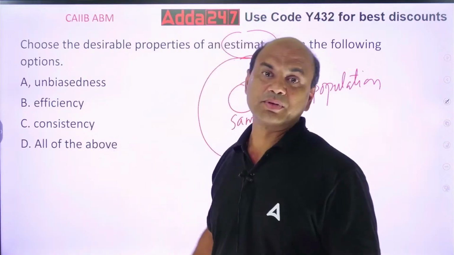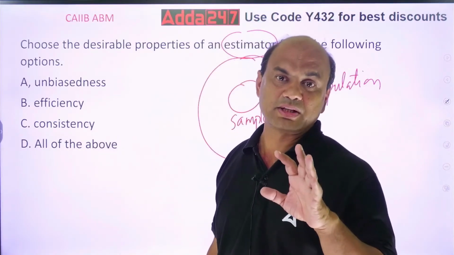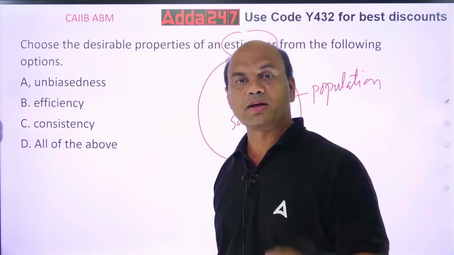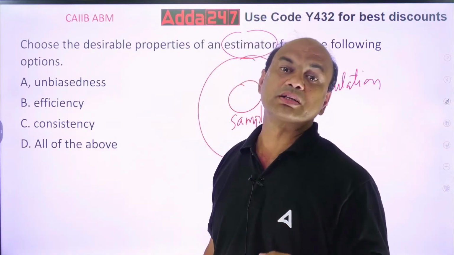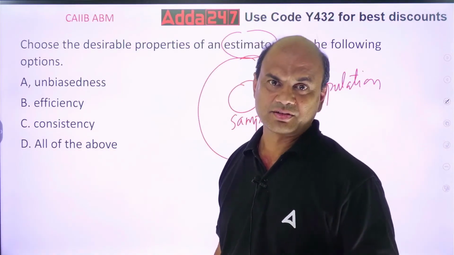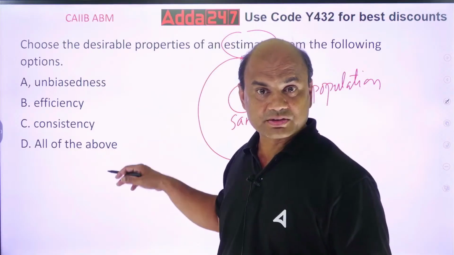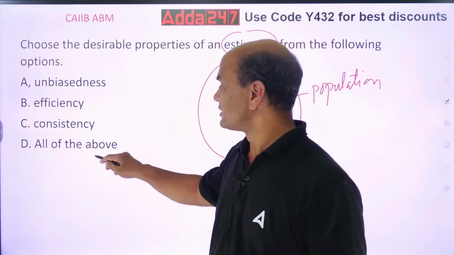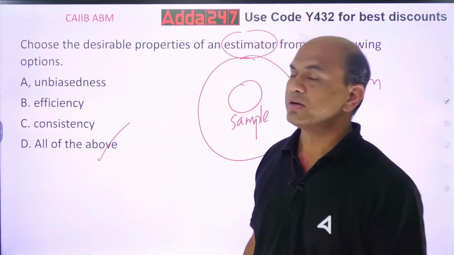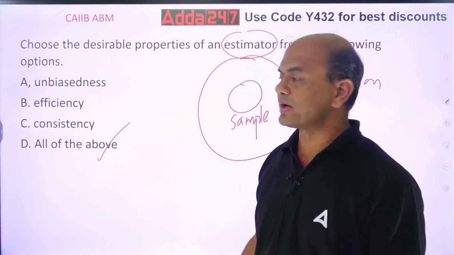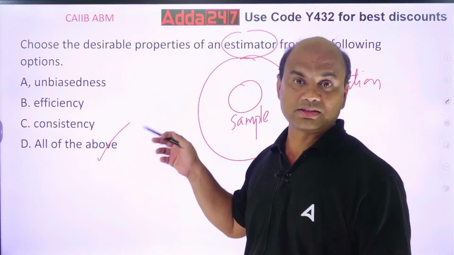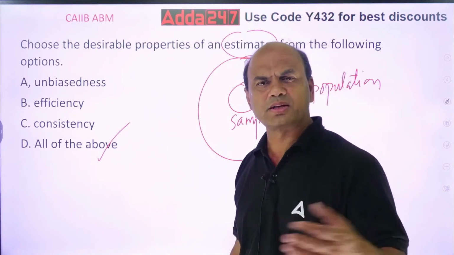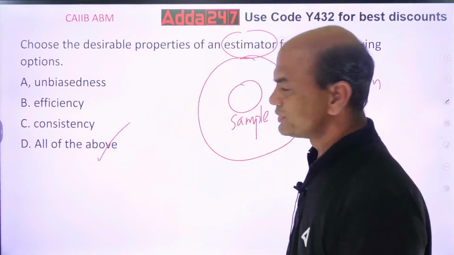Consistency means if I do the experiment with the same estimator n number of times, it must give me consistent results. So which one of these is true, or are all of these true? The answer is all of these, because any estimator should be unbiased, efficient, and consistent. It should give you the same, similar results.